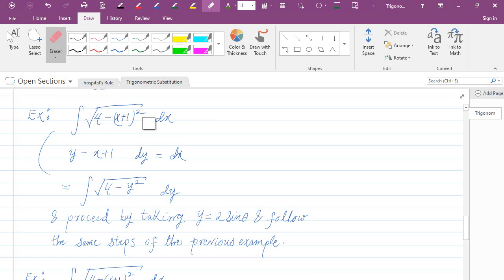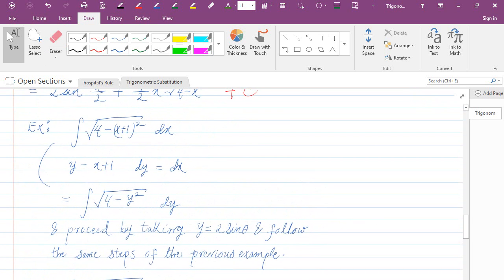Well, in this case, what we're going to do is first substitute y equal to x plus 1, and then dy would be the same as dx, and then the integral becomes the integral of root of 4 minus y squared dy. And now this integral is exactly the same as the integral in the previous example, so we proceed by substituting 2 sine theta for y.